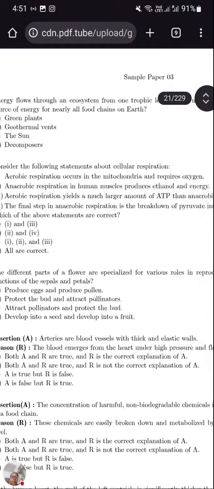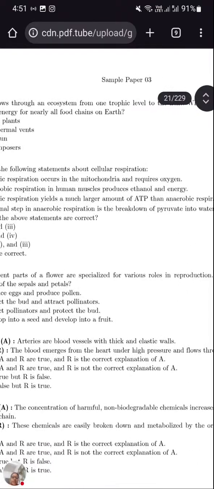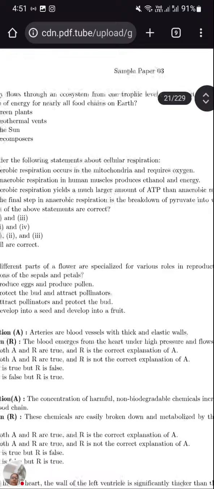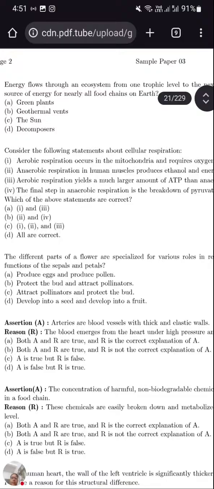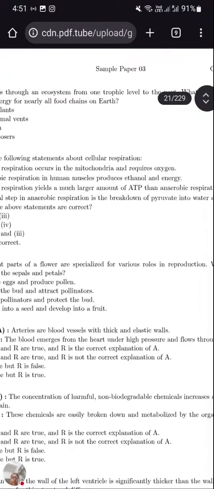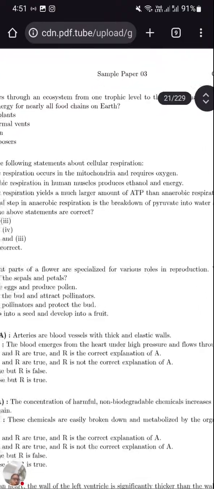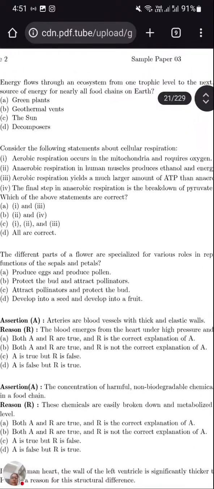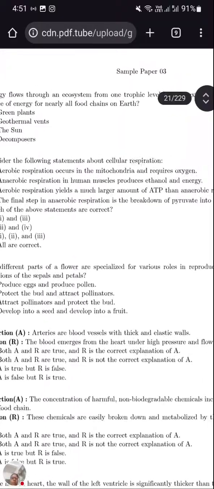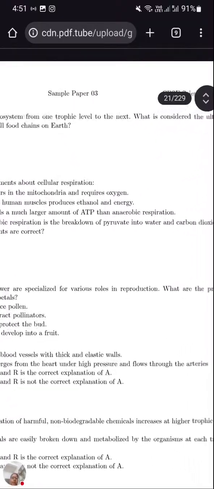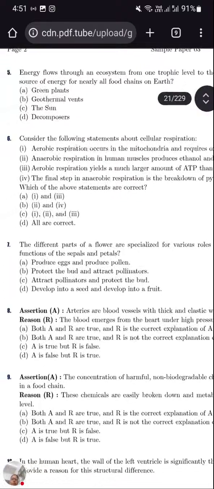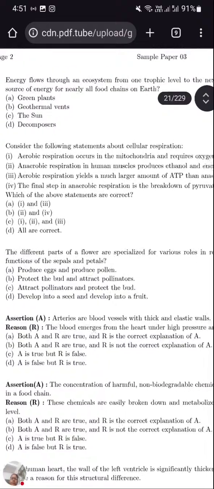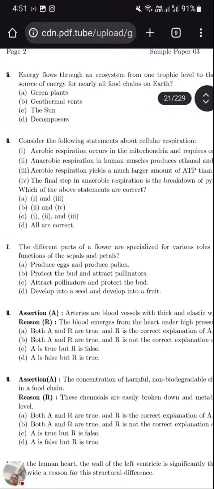In anaerobic respiration carried out in muscle cells, lactic acid and energy are produced. Ethanol is produced during fermentation in yeast. Aerobic respiration yields a much larger amount of ATP than anaerobic respiration. So options 1 and 3 are correct. The final step in anaerobic respiration is the breakdown of pyruvate into water and carbon dioxide. Option number 2 is wrong.